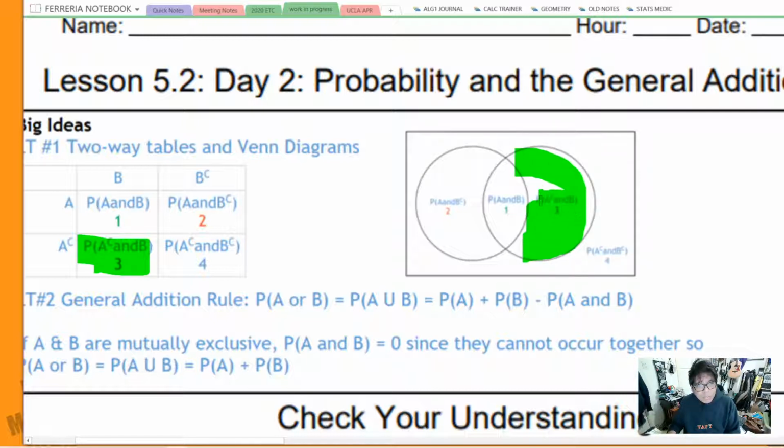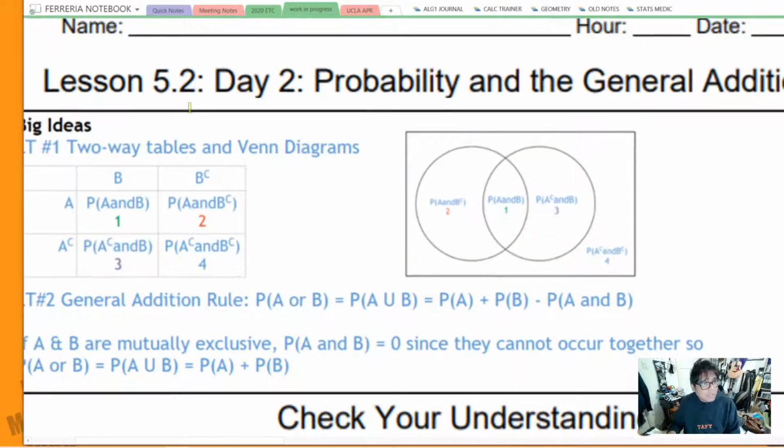And of course that last one is the probability that both A and B are false. This number right here corresponds with this number over here, and that's all of this blank space outside of the circles.